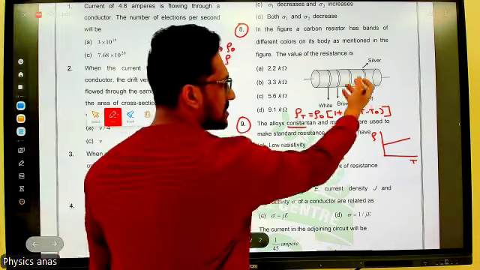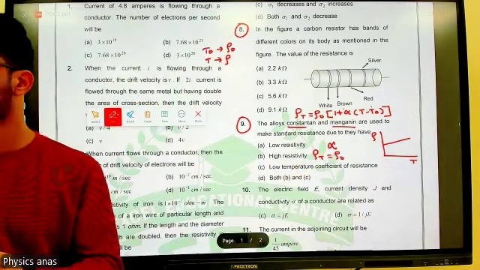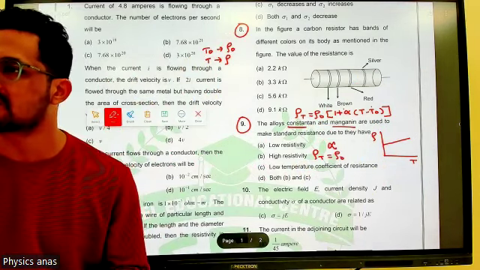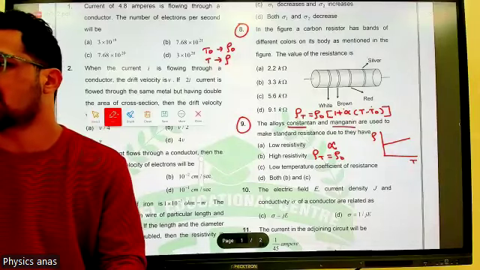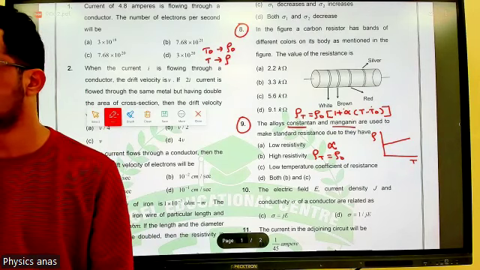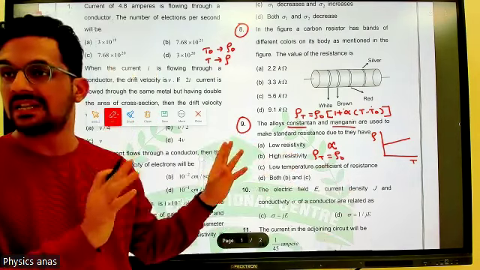So you can neglect that term, then rho T will become rho 0. Resistivity at temperature T equals resistivity at T0. Not much change in resistivity. You have studied many things from this question.